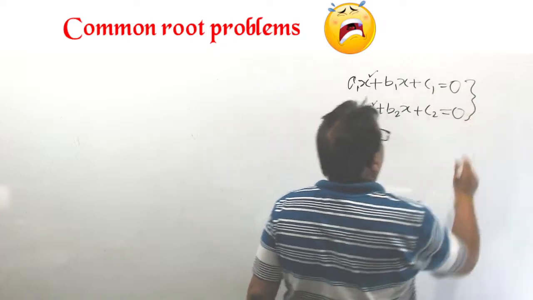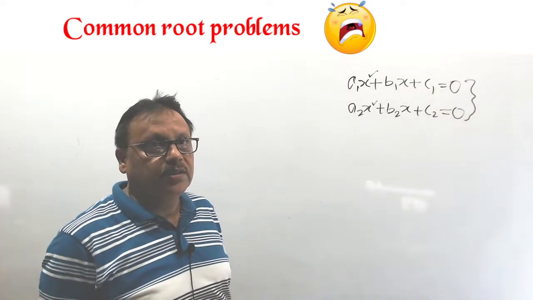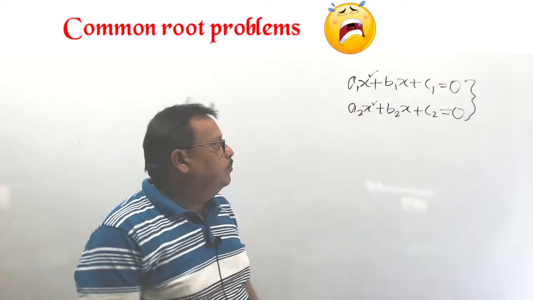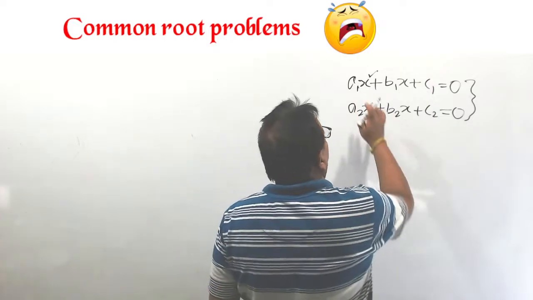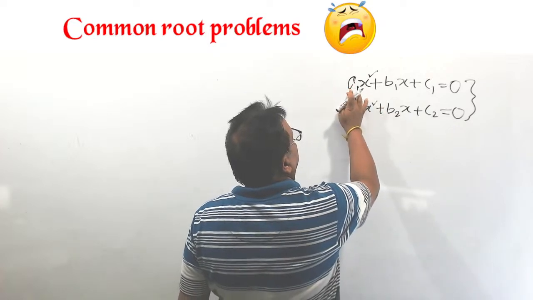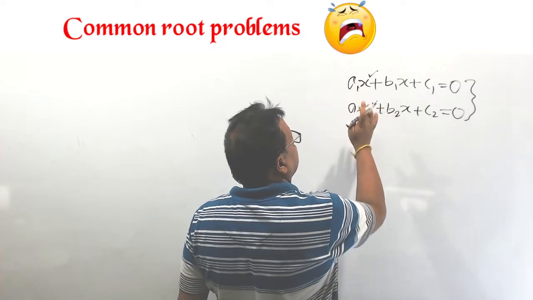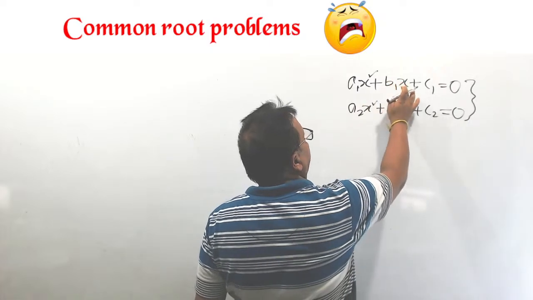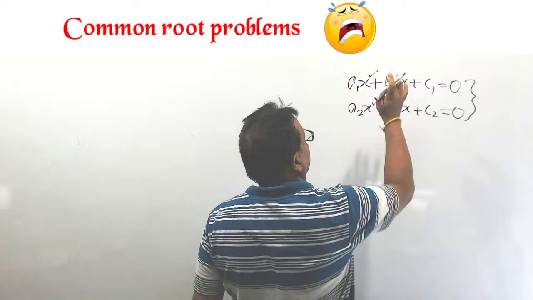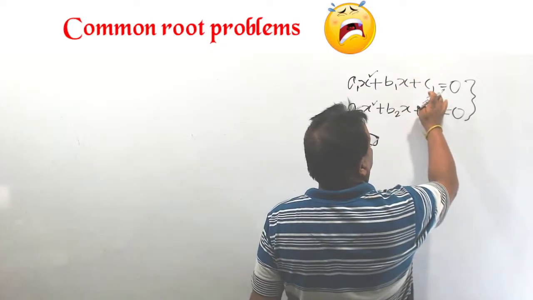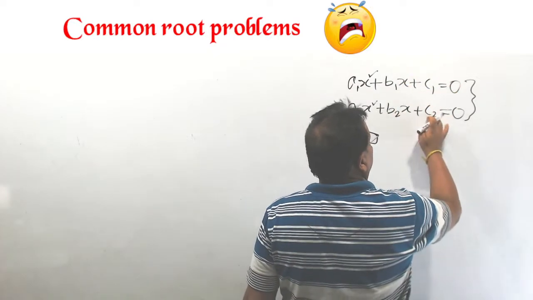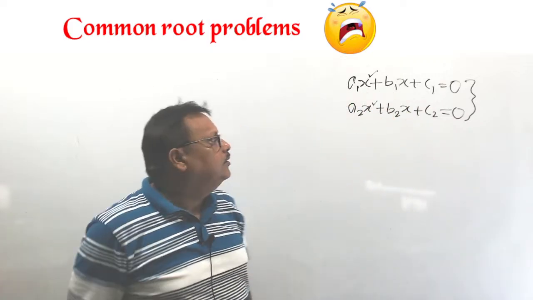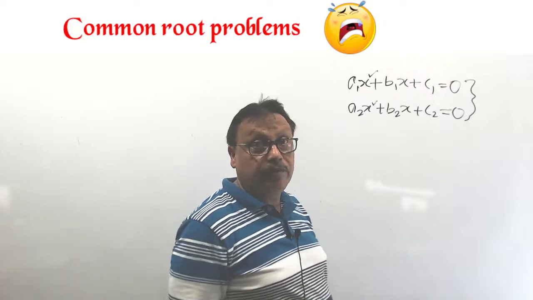These are the two quadratic equations. The coefficients of x square are a1 in the first equation and a2 in the second. The coefficient of x is b1 in the first equation and b2 in the second. The constant term is c1 in the first equation and c2 in the second. It is clear to you. This is the general form in algebraic format.